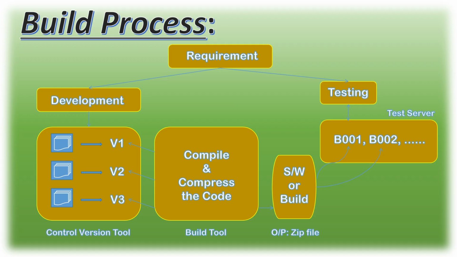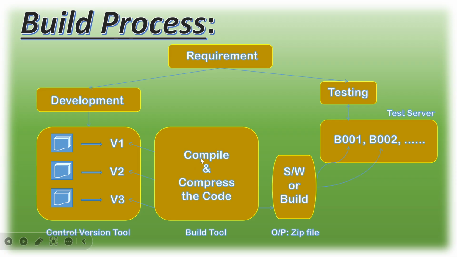All right. And then if the development team gives the updated code, again the control version tool will create another version automatically, that is nothing but our version 2. All right. So likewise version 3 has been created.